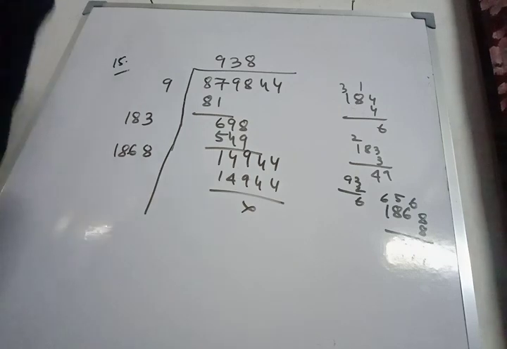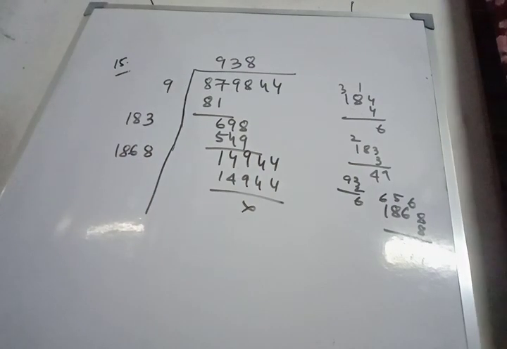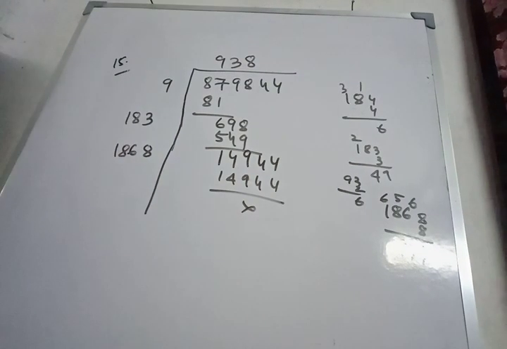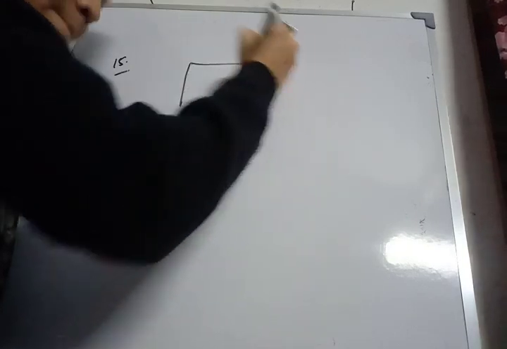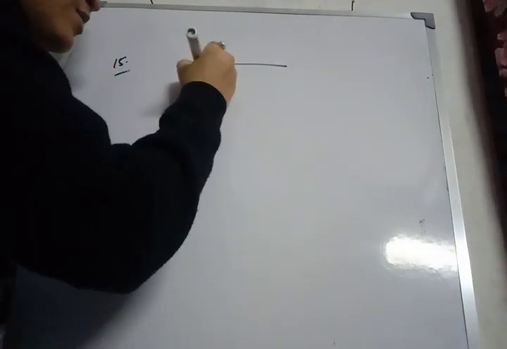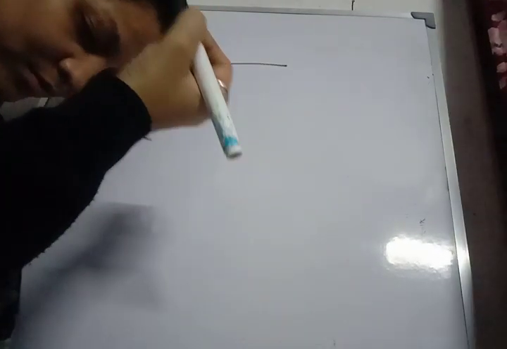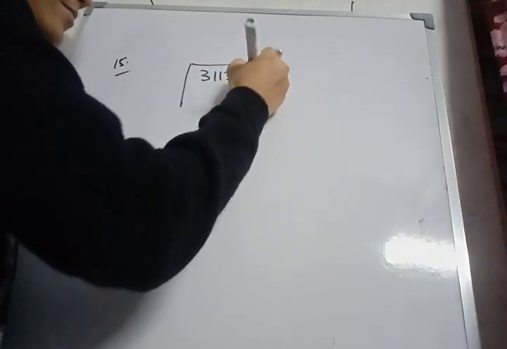Third subpart. To find out the square root of 311364.